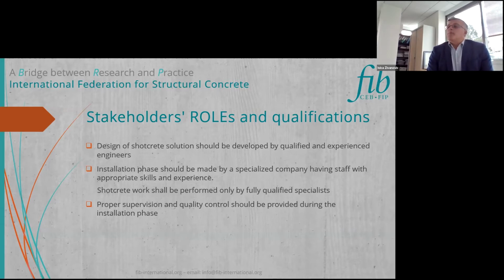So it requires appropriate skills, which is, in my opinion, mainly linked to experience. Shotcrete work shall be performed, as I said, only by fully qualified specialists. And of course, as with all work operations, including repair operations, with proper supervision and the quality control that needs to be carried out during the spraying phase.